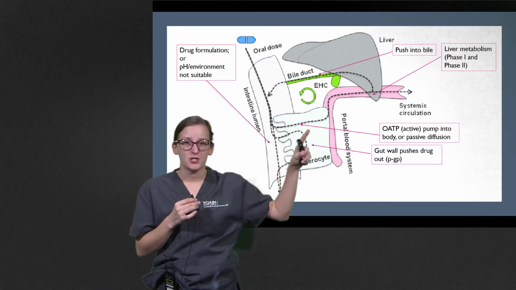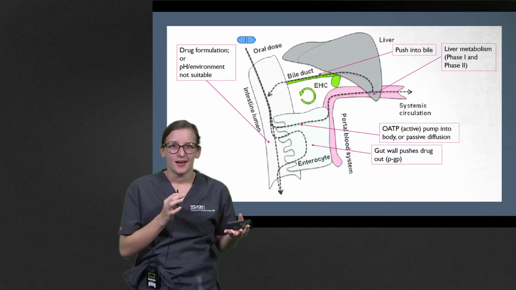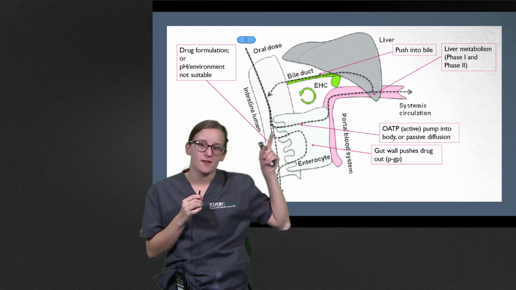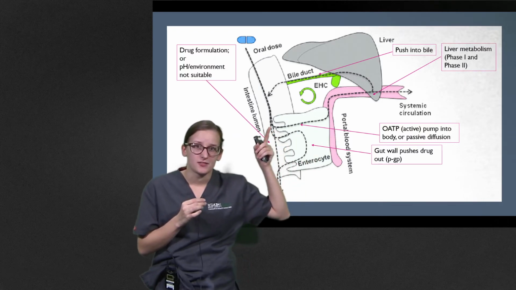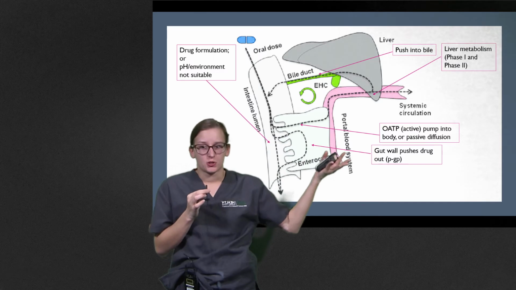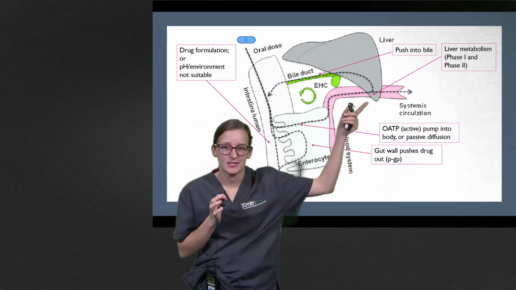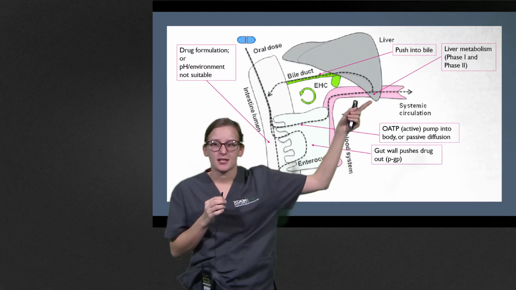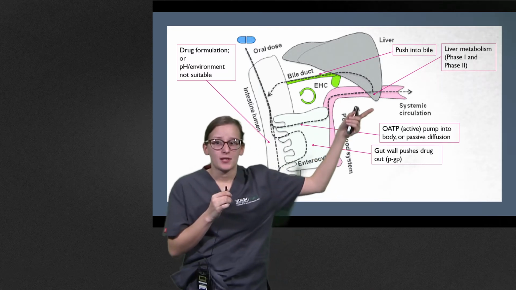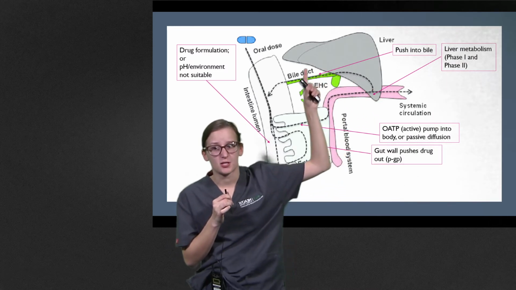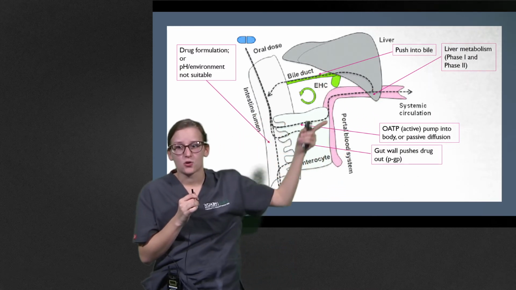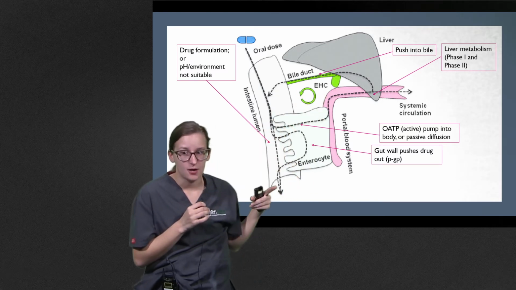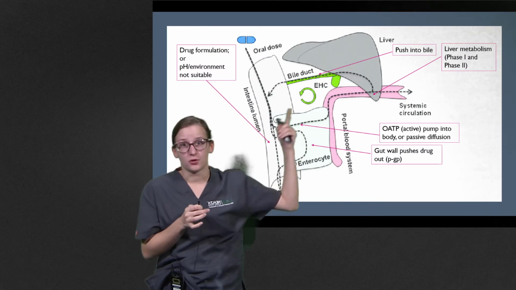So maybe you have a PGP enzyme that's pushing that drug back out. Sometimes you might have a drug that doesn't normally get in, but you have OATP here, which actively transports a drug into wherever it's trying to go. The liver, of course, is going to metabolize, and it has phase 1 and phase 2 metabolisms. But sometimes that drug can get in, it might get metabolized or maybe not, but you'll have different enzymes and transporters that push it back out through the bile and go through enterohepatic circulation, which is what the EHC is. So it'll come back and it can either go back down and get eliminated or maybe reabsorbed over and over again.